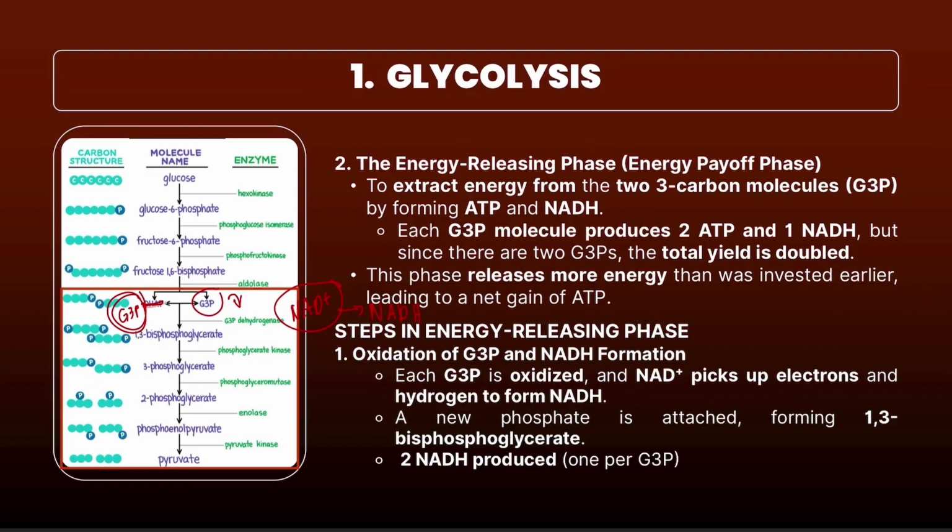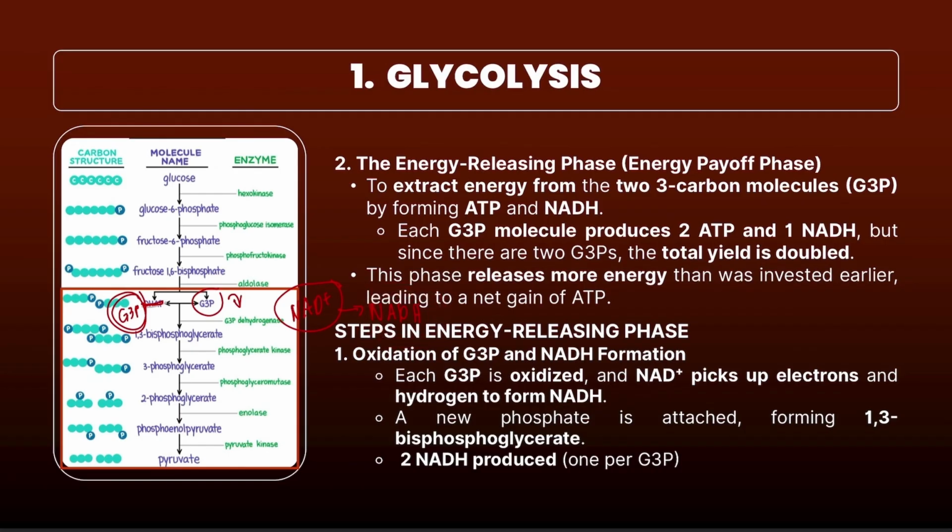Okay? So again, in this process, two things are happening. The first one is that, while G3P is oxidized, the NAD+ accepts electrons and hydrogen ions to form NADH.